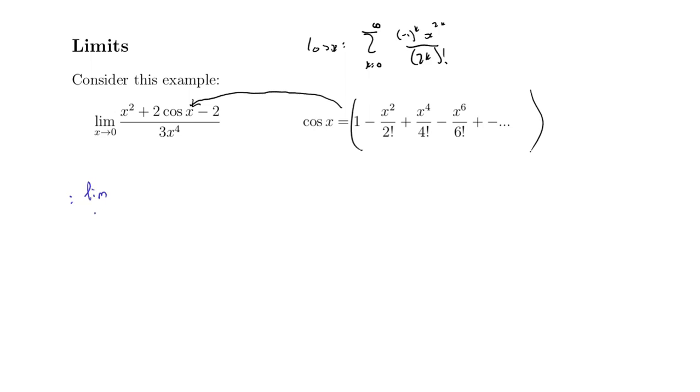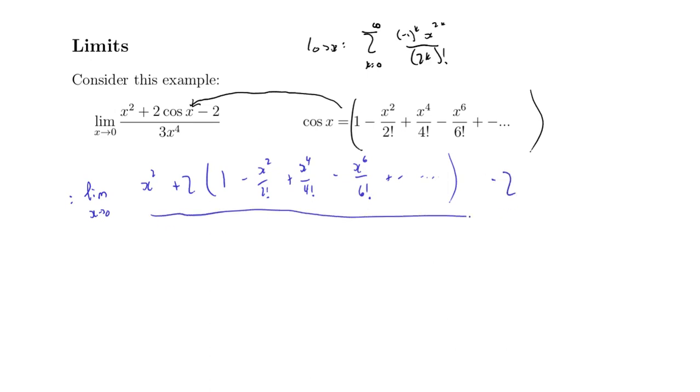So our limit now is x squared plus 2 times 1 minus x squared over 2 factorial plus x to the 4 over 4 factorial minus x to the 6 over 6 factorial plus minus and so on, and then I've got a minus 2 all over 3x to the 4.